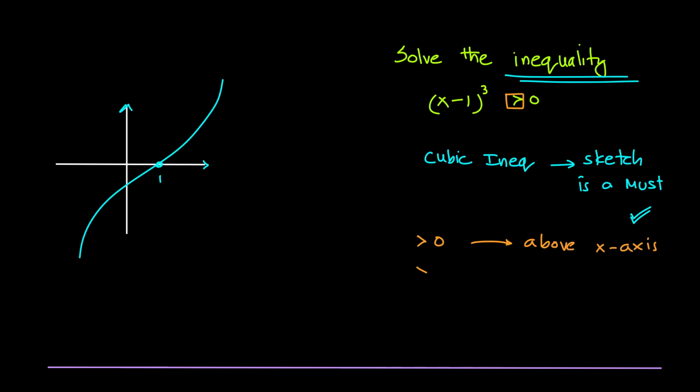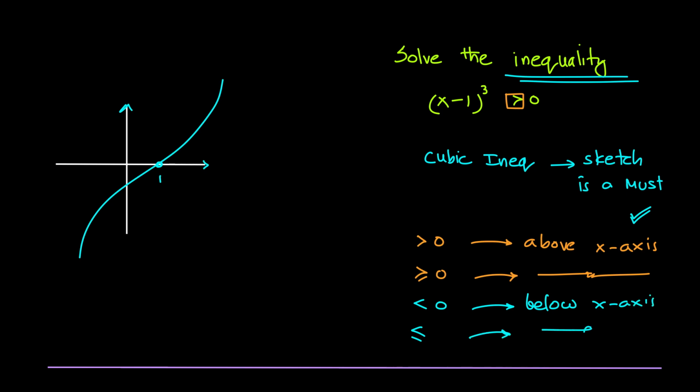Whether it's greater than 0 or greater than or equal to 0, the only difference is that 0 is inclusive. Again, it's above the x-axis. When it's lesser than 0 or lesser than or equal to 0, it will be below the x-axis. In both cases, except it's inclusive in the second, it's inclusive in the fourth.